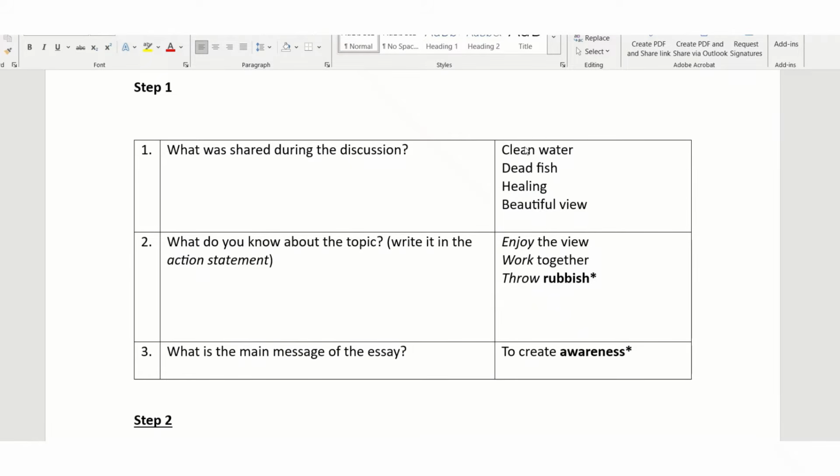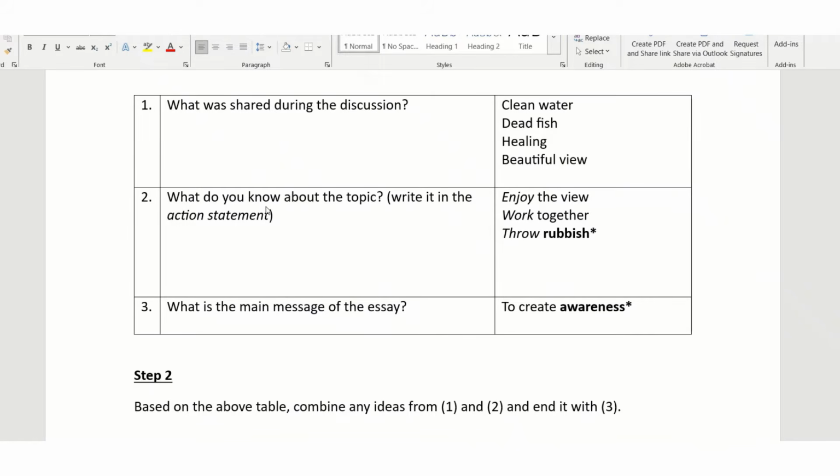I'm thinking about some of the high frequency words that the student always uses when they talk about a topic like this. So question number two, what do you know about the topic? And then here I purposely wrote, write the ideas in an action statement. So an action statement is basically phrases that start with action words.